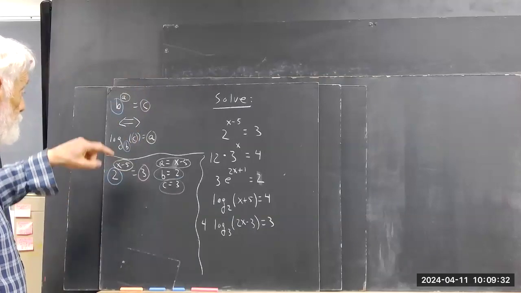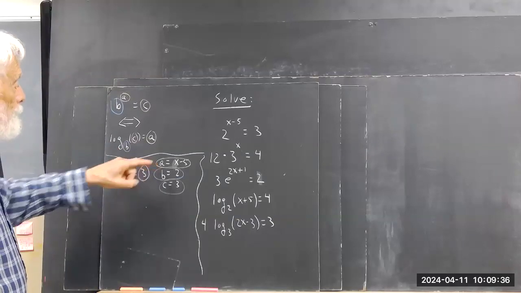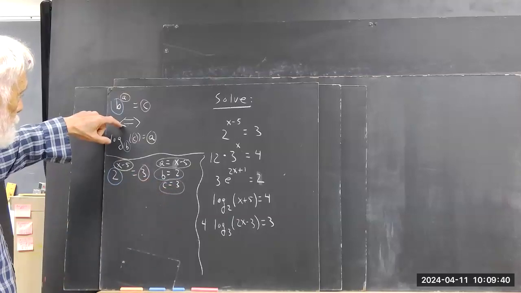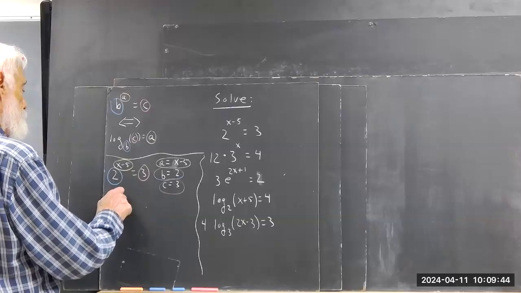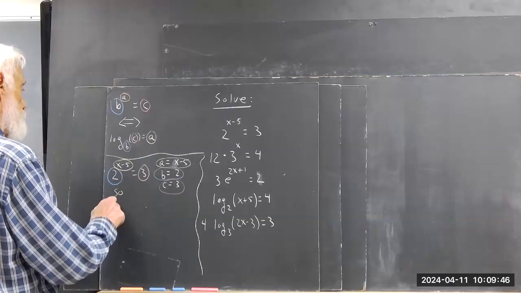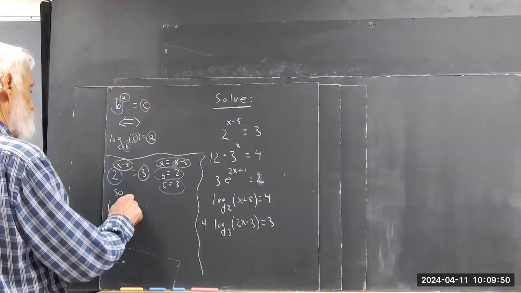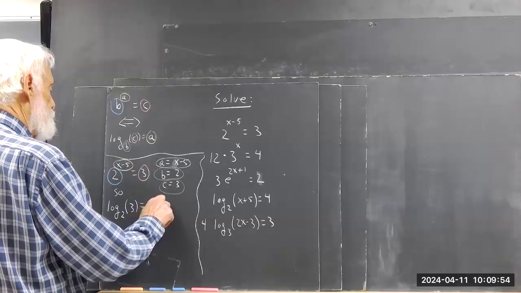So the base is 2, the exponent is x minus 5, it's equal to 3. So A is x minus 5, B is 2, C is 3. Now we write it in this form. Log to the base 2 of 3 equals x minus 5.